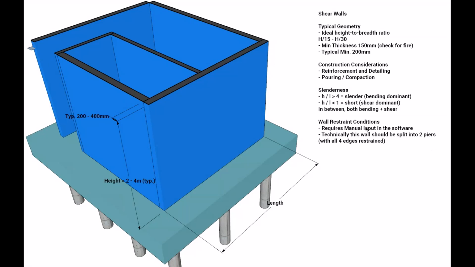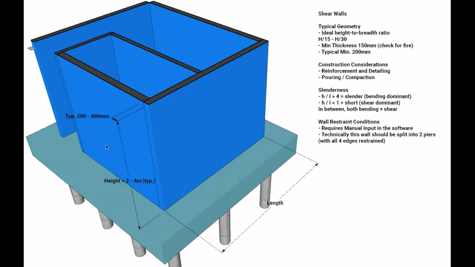The Eurocode sets out some rules for what defines a short or slender wall based on the height to width ratios, with greater than 4:1 being slender and less than 1:1 being short. When a wall is slender, its axial plus bending resistance is reduced, typically bending is dominant, and it's vulnerable to buckling failures, whereas with short walls, it's shear that's dominant, and in between you have a combination of both shear and buckling.